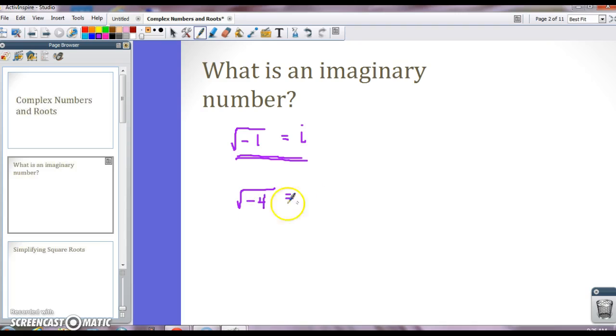I can rewrite it as the square root of -1 times 4. And I know that the square root of -1 is i, and I know that the square root of 4 is 2, and so the answer then is 2i.